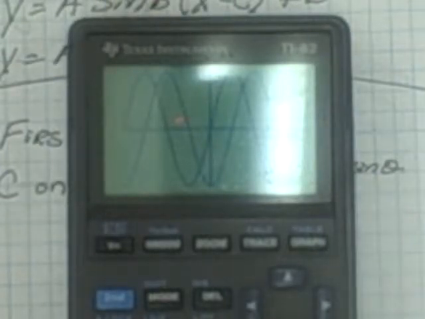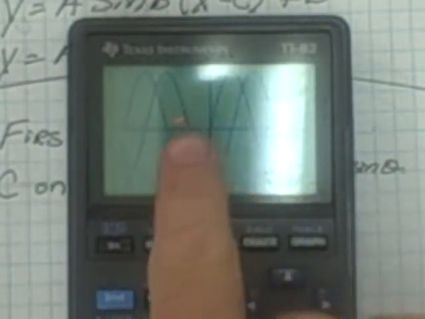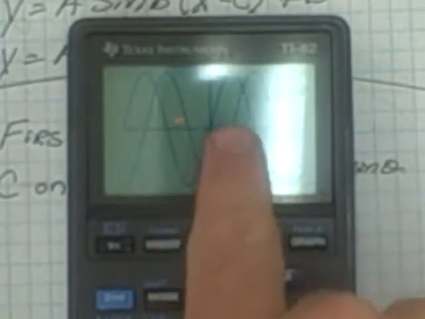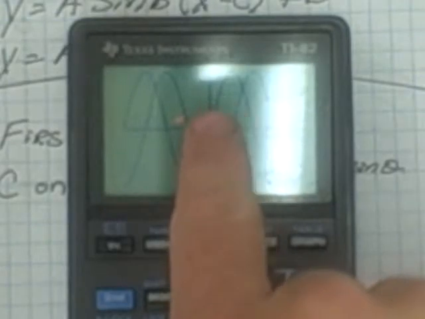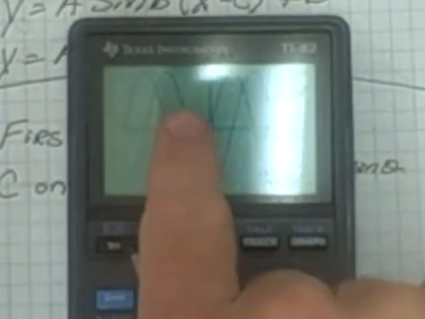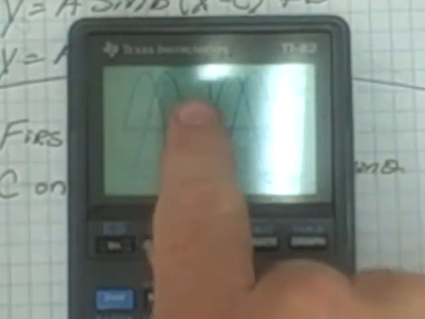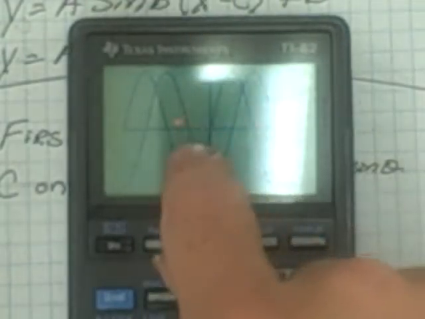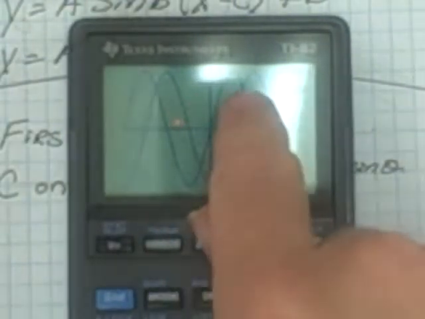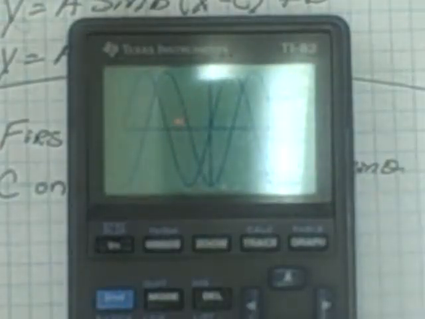Okay, so it's shifted over, but did it shift back or did it shift forward? It shifted forward, right? Because look, this is the original graph here where it went at 0, and then to get it over top of the other one, we have to shift forward 90 degrees.